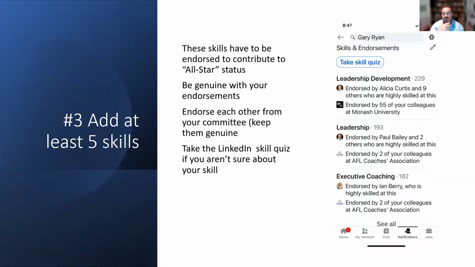Or if you've worked together part-time with someone, potentially if you've been in study groups with people and they've actually done the work and contributed, you can endorse them too. And that's for things like, obviously, presentations, for example. But you need to have 5 skills that have been endorsed by at least one other person to contribute to your all-star status. It's absolutely doable.